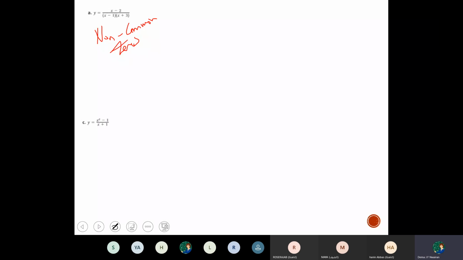Then what do I have to do now? m is less than n. x minus 1 equals 0 and x plus 3 equals 0. So the vertical asymptotes are x equals 1 and x equals -3.